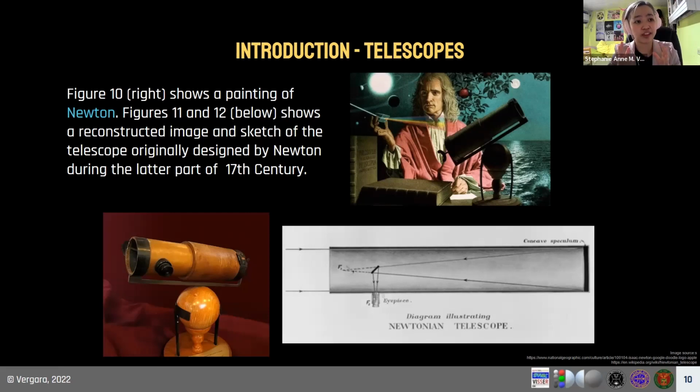This aberration is now known to be chromatic aberration. To correct this, Isaac Newton used mirrors, and thus he built the first reflecting telescope.